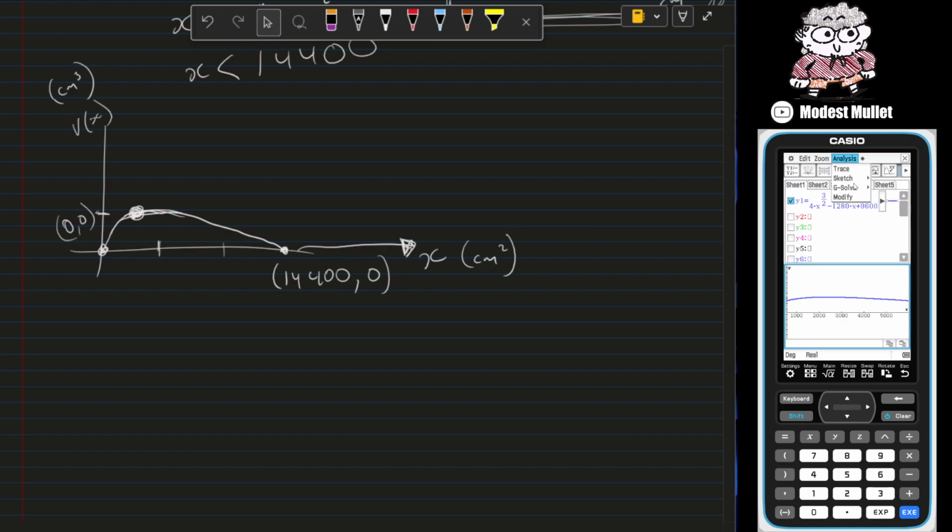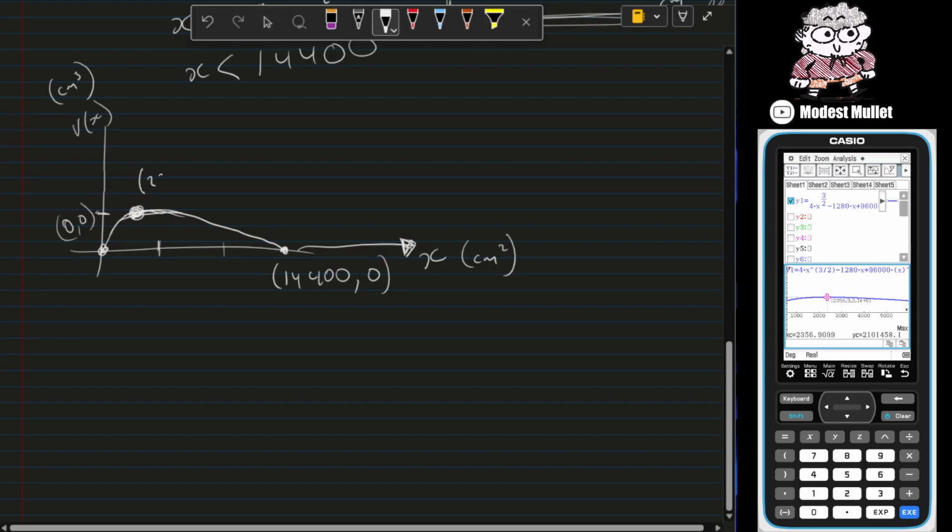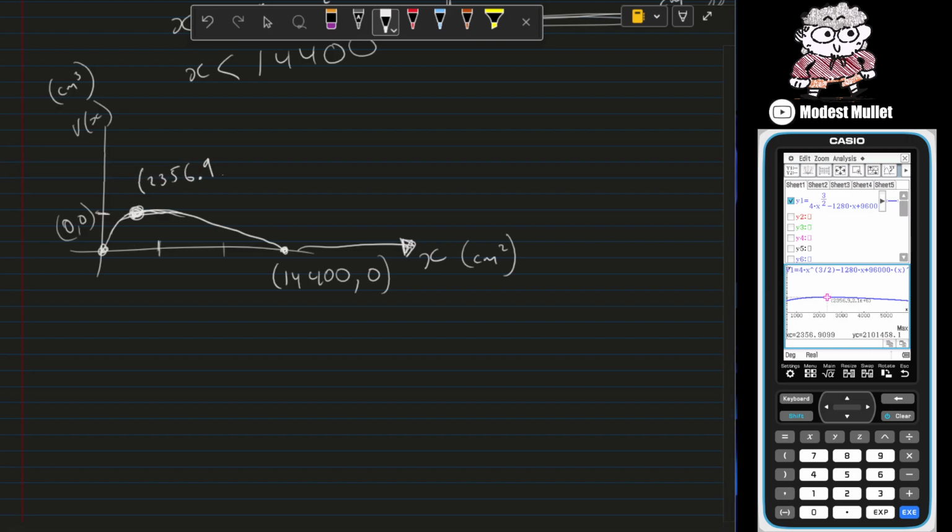Well, we can use our analysis and we can find our max. Using Analysis, G-Solve, we hit max. It's given us our max is 2356.9, comma, and it says 2.1 E plus 6, so that's 2.1 times 10 to the 6.